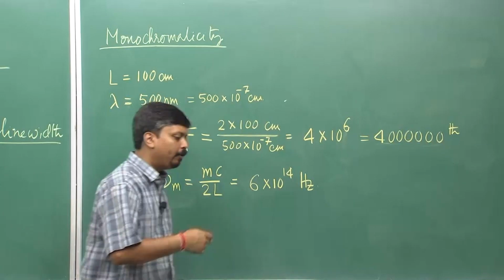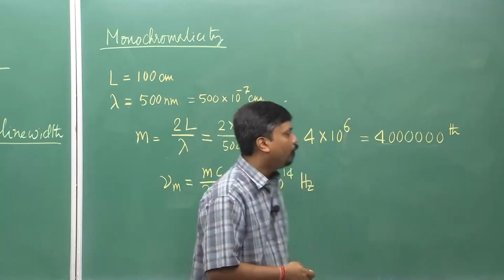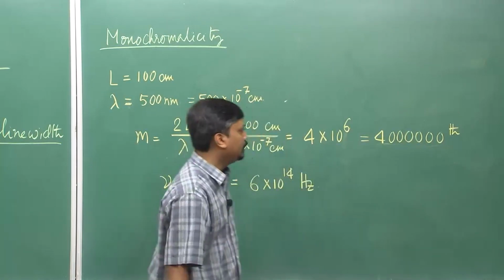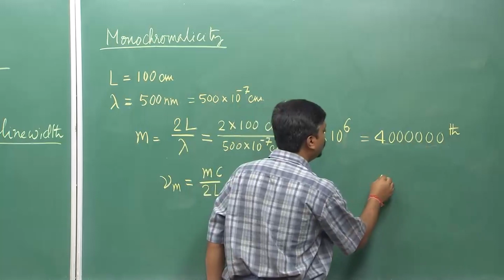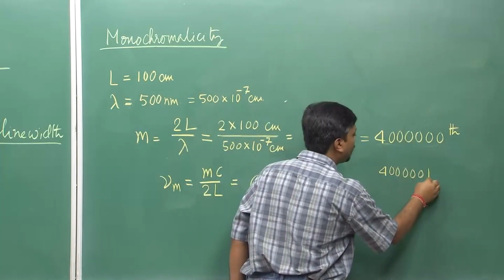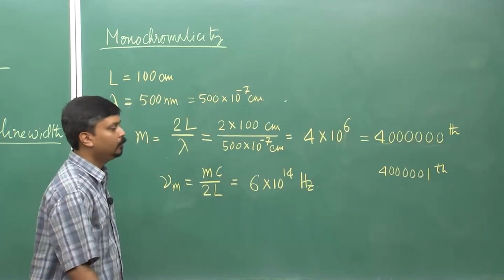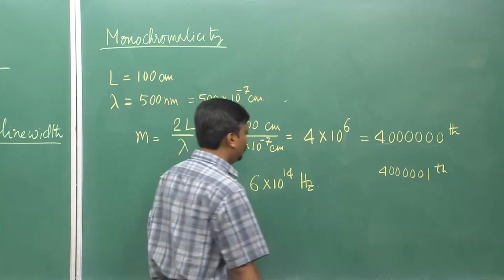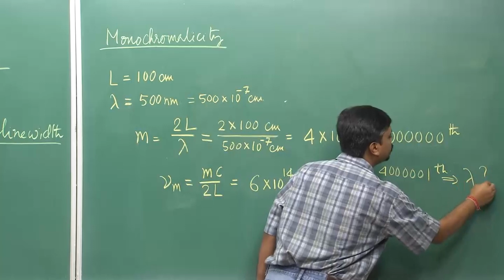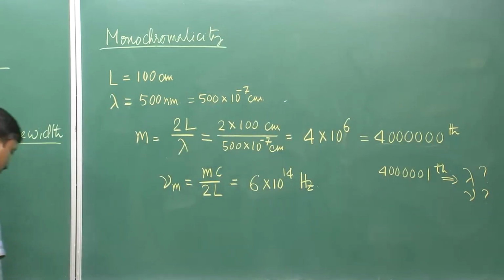Now, if I want to find what is the wavelength or frequency of the m plus 1 mode, that is, I am looking for a mode which is m plus 1. So, what is the wavelength or frequency, that I need to know.